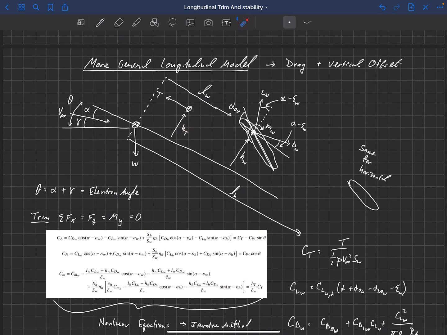And so in order to trim the aircraft with our horizontal, we're going to need to create a nose up pitching moment, because this would be creating a nose down pitching moment. And so we're going to need to have a larger lift on the tail, actually negative lift. And so we'll be pushing down back here, which requires a different elevator deflection back here, in order to trim out the pitching moment due to the thrust offset.